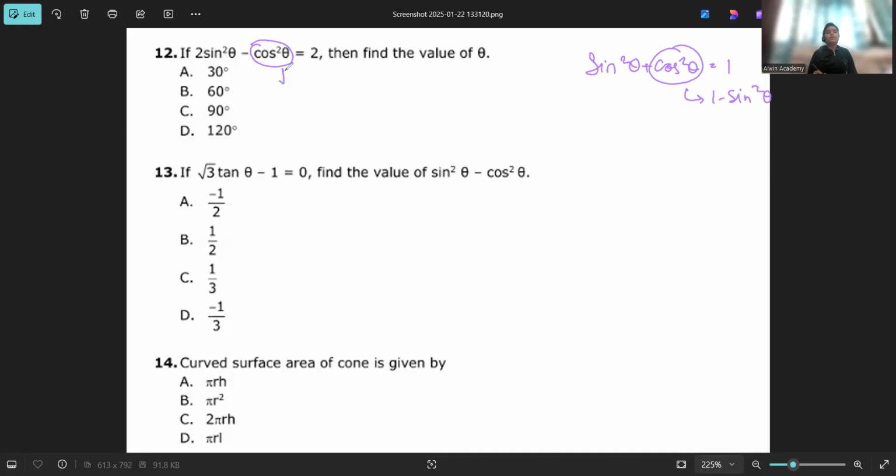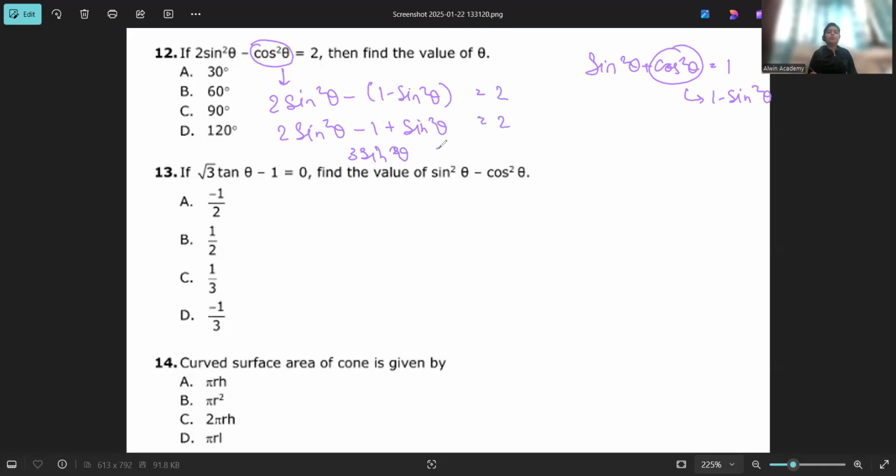If I put in this value here, I get firstly 2 sine square theta, that is already written, minus 1 minus sine square theta. So it becomes 2 sine square theta minus 1 plus sine square theta. 2 plus 1 becomes 3, 3 sine square theta, and all of this is equal to 2.